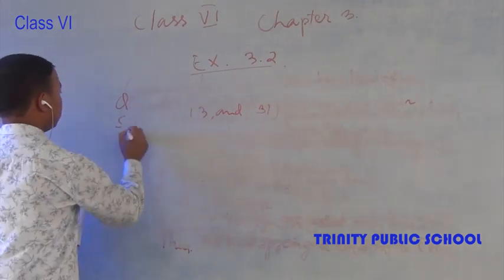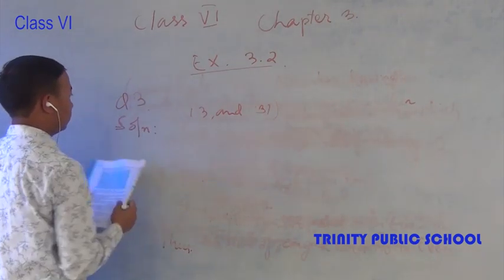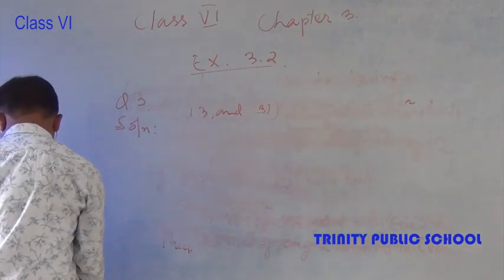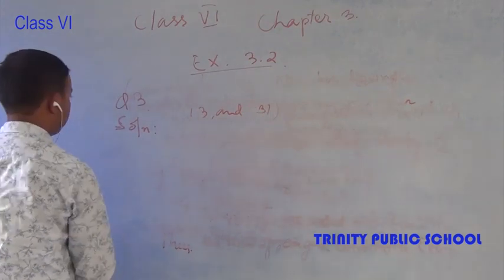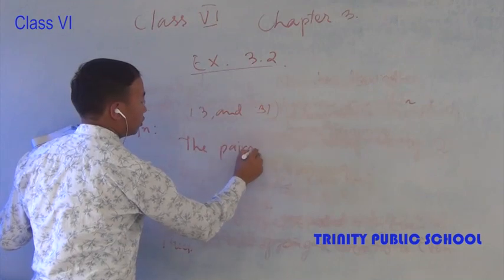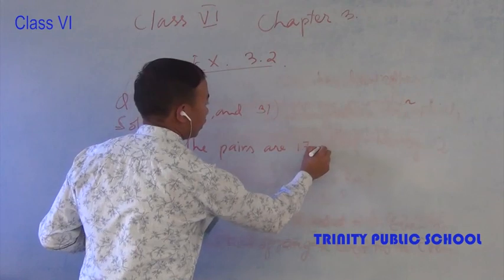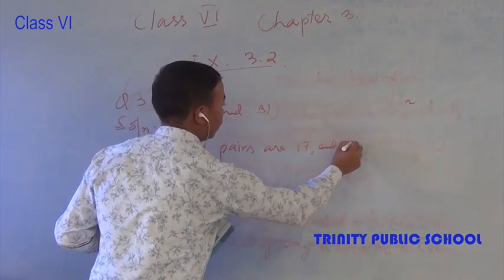So, question number 3. The pairs are 17, 71.